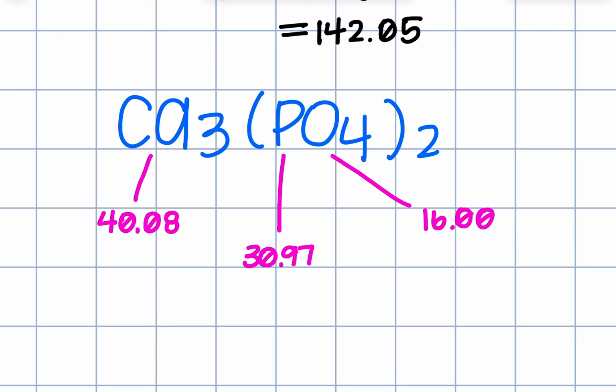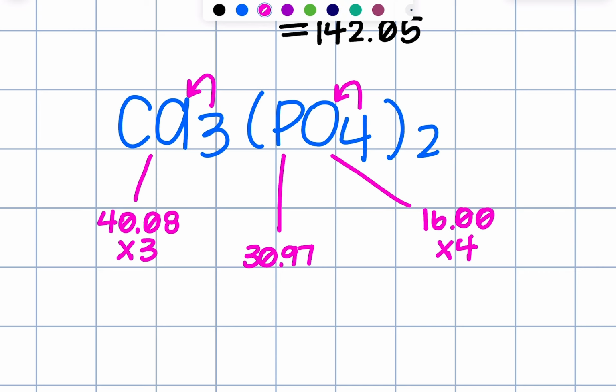All right, just like in the previous questions, when I have a subscript on an element, I'm going to multiply. So my calcium gets multiplied by 3, and my oxygen gets multiplied by 4. Now you'll notice that we haven't done anything with that 2 yet. We're going to do that now. So this 2 gets multiplied for the entire set of parentheses.